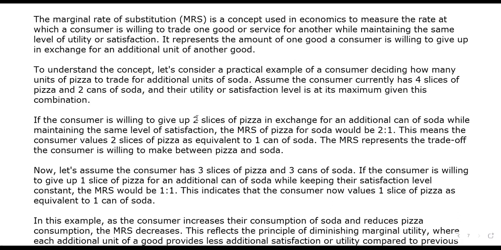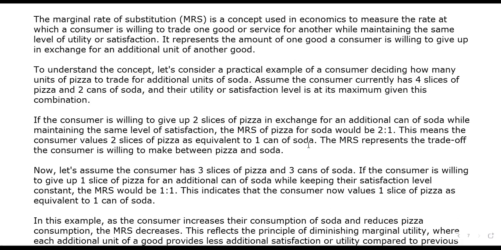So this will be a marginal rate of substitution of 2 to 1. So this means that giving up 2 slices of pizza will be equivalent to getting 1 can of soda. So this represents what we call the marginal rate of substitution, which is a trade-off that you, the consumer, will be willing to make between pizza and soda.